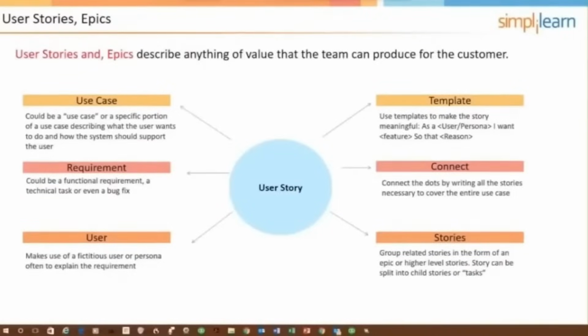Now that could actually be an epic or maybe a theme, because maybe it would get disaggregated into log on screen, catalog, shopping cart, and checkout. So the use case could either be a standalone user story, or it could be a number of user stories that result from it. Below that, requirement. It could be a functional requirement, a technical task, or even a bug fix.